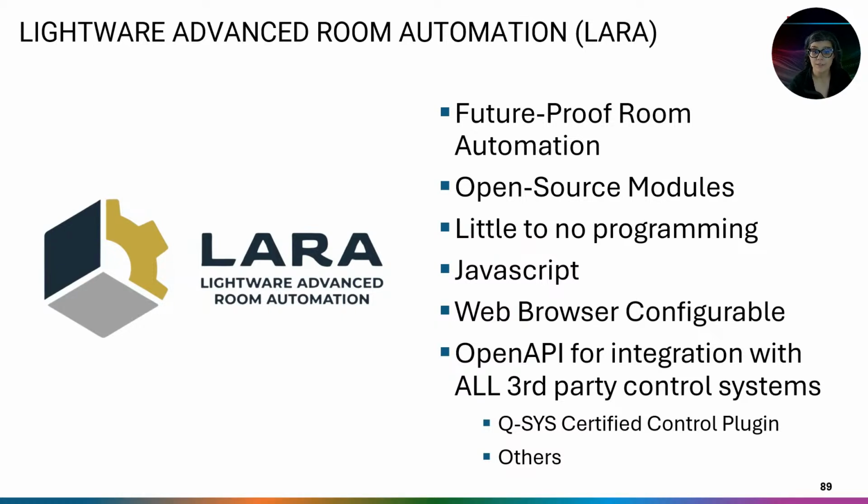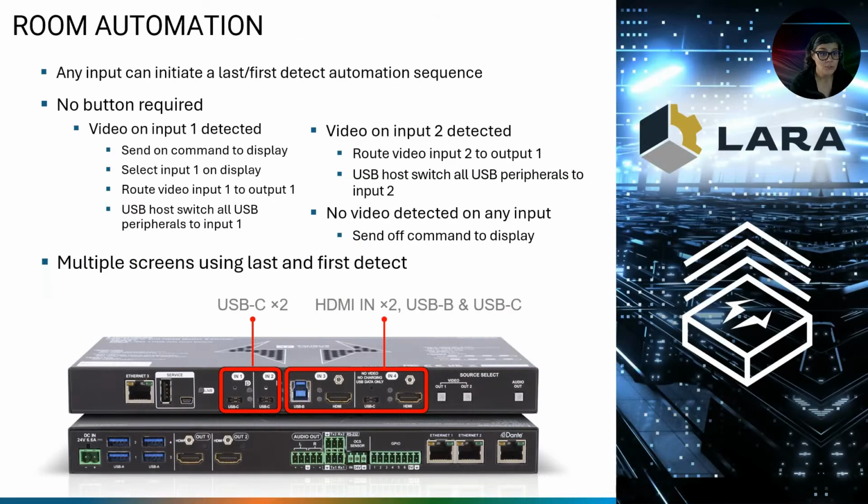Because of LARA, this is where our open API shines, and this allows us to work with all of those third-party controller systems, including Q-SYS and Crestron. We will work well with Crestron controllers, and it is web browser configurable, so you don't have to download anything. You just have to enable it on the Taurus. So again, you're going to be able to create any type of first-in, last-out, detect automation sequences.